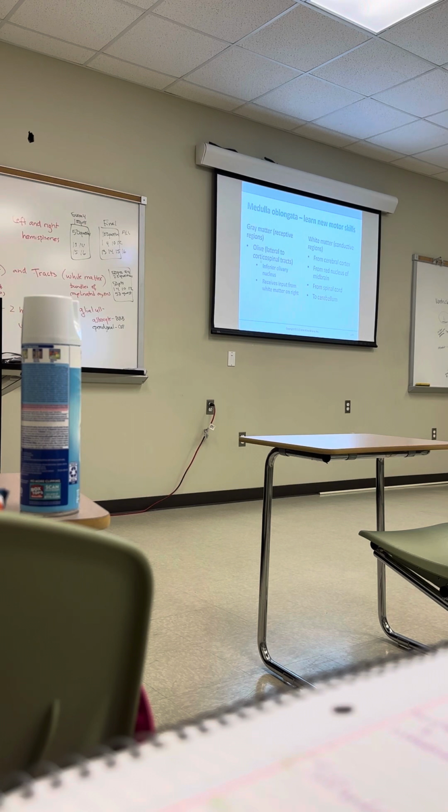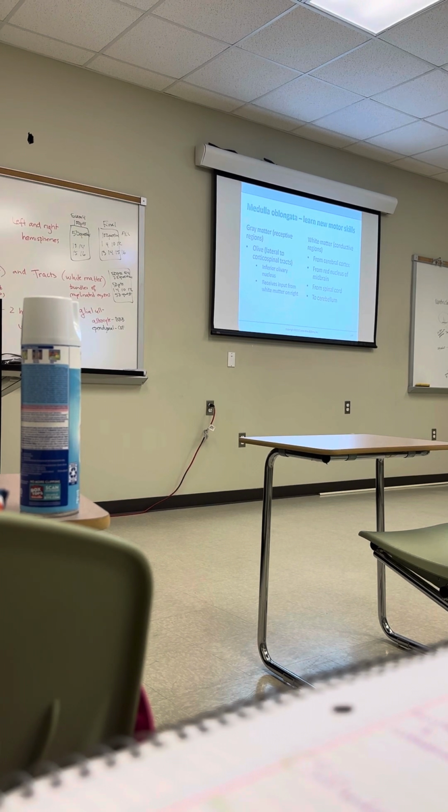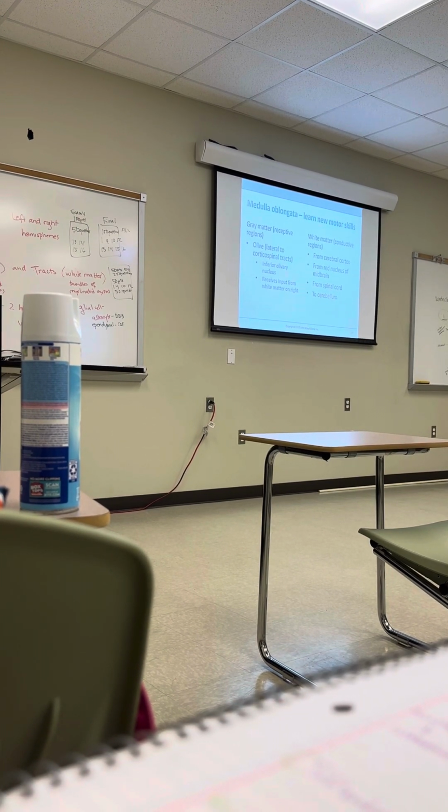Remember, I had that chart up that said you have this idea of moving, and then the cerebellum gets the plan, and then you move, and then you get feedback, and then it goes over and over again until you learn the skill of movement. So this is part of that process.